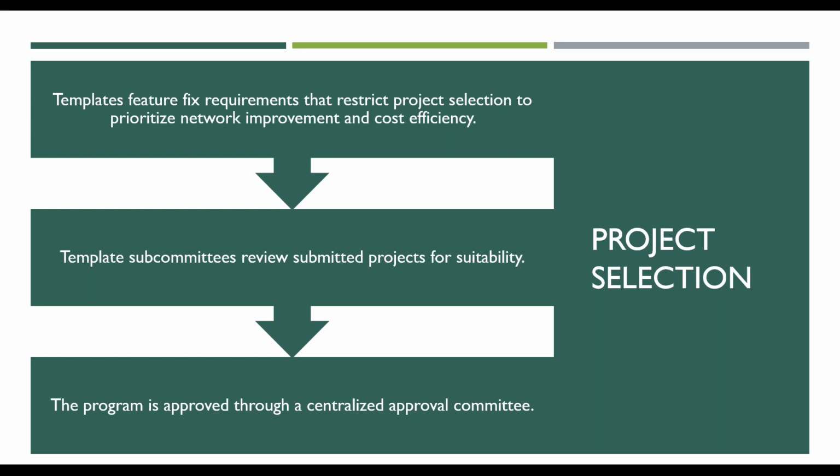Our 7 regions put together the project lists and submit them to central office for review, which is important because they have the most finger on the pulse of what the pavement and road networks look like.